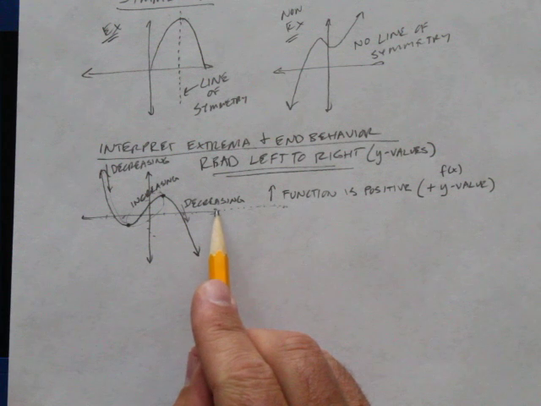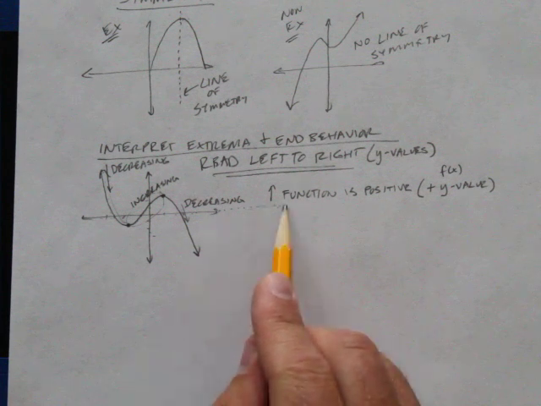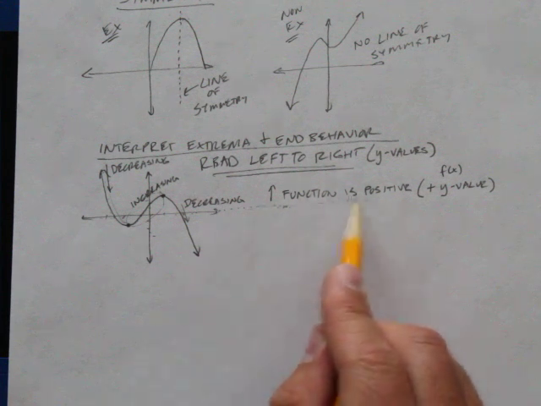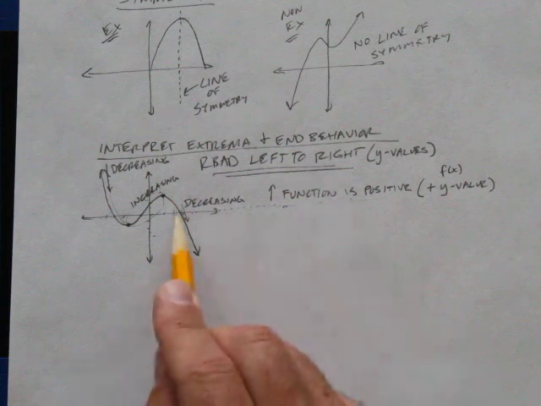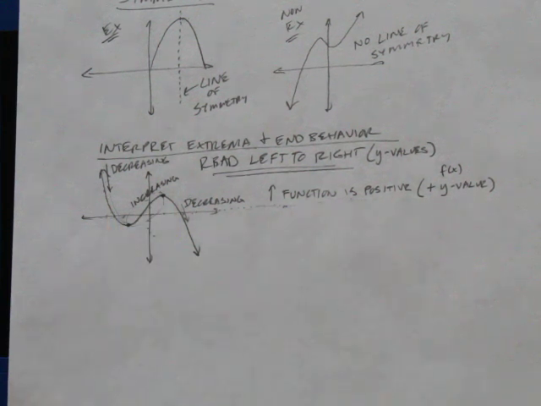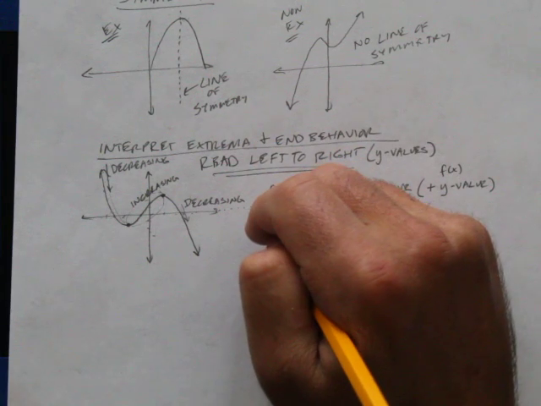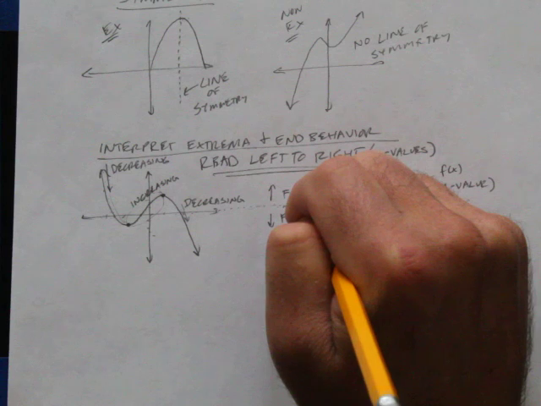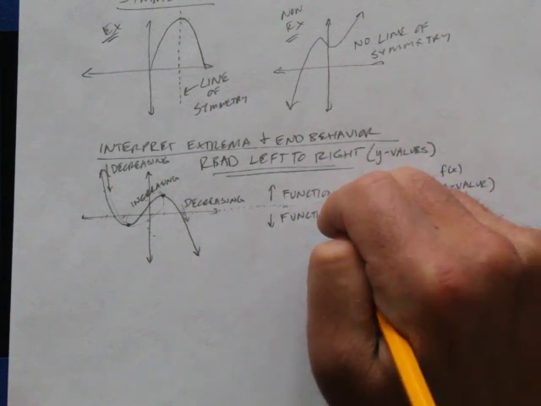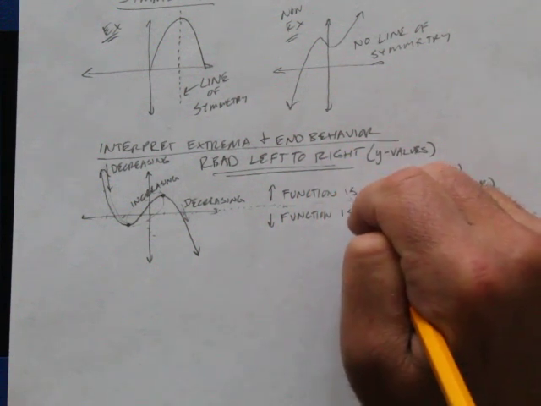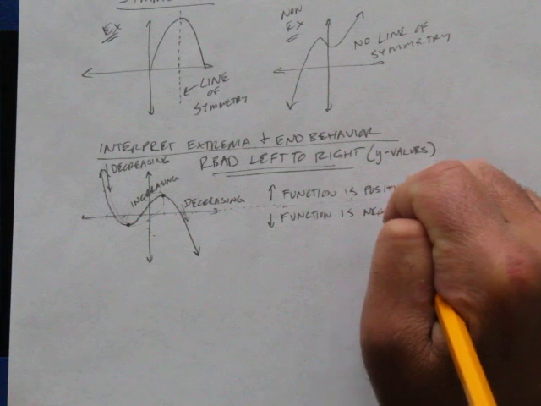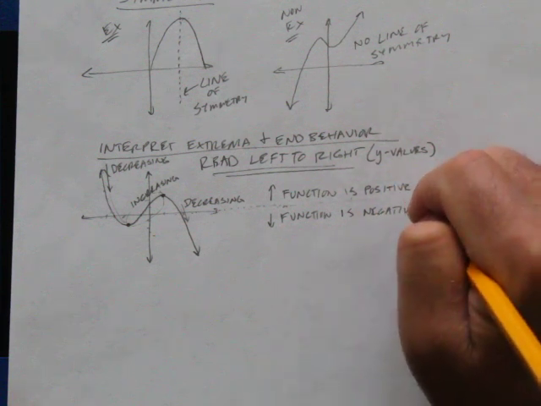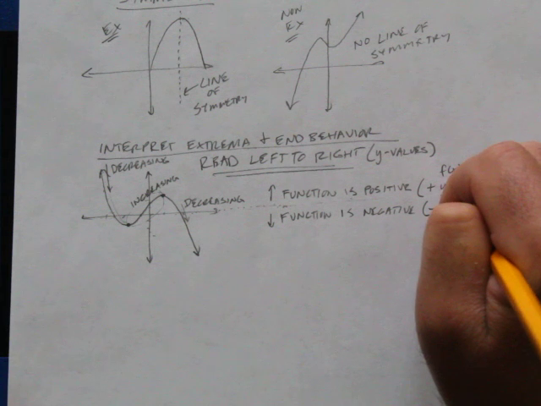So if the function is above the x-axis, then the function is positive. The y values are positive. Now, if that part of the function is below the x-axis, then it is negative. So I've got negative y values.